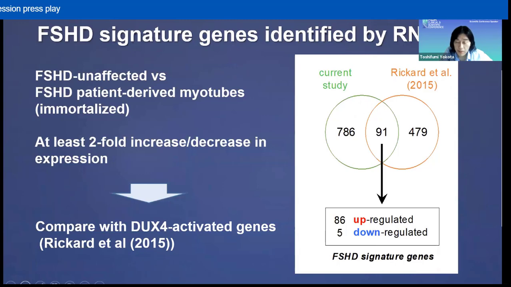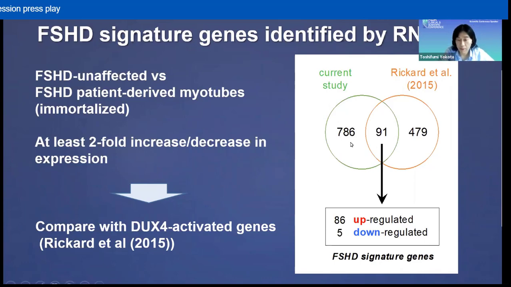And we also looked at RNA-seq. What we wanted to do is look at the overall change of the RNA expression pattern, the profile of RNA expression in patient cells, and whether this effect can be reversed to normal levels after the treatment.